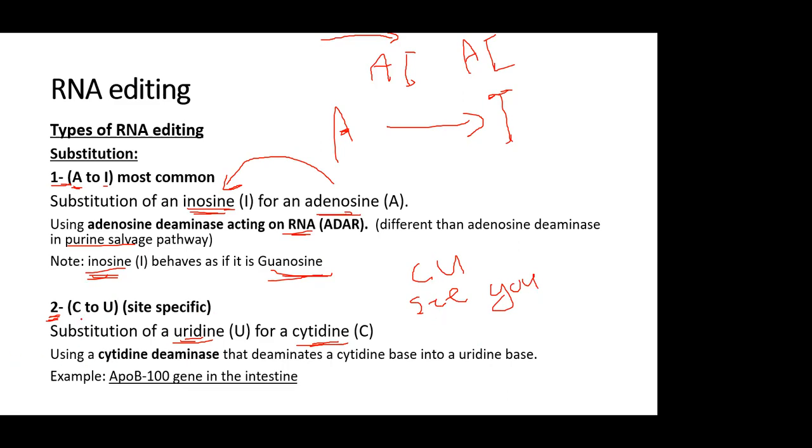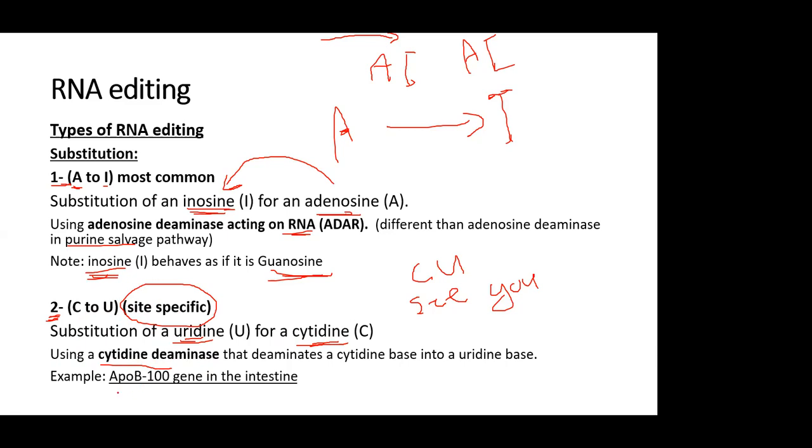So the C to U substitution, substituting the uridine for the cytidine using a cytidine deaminase, and focus on this one. It's site specific. So there are certain parts of the body where you would have the cytidine deaminase, and certain parts you will not have the cytidine deaminase.